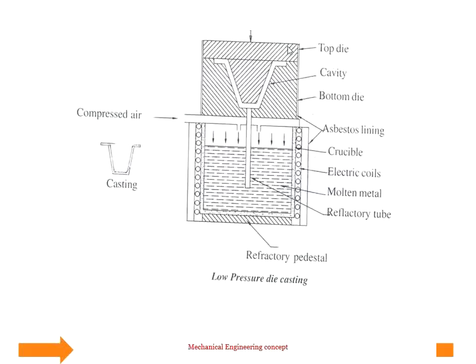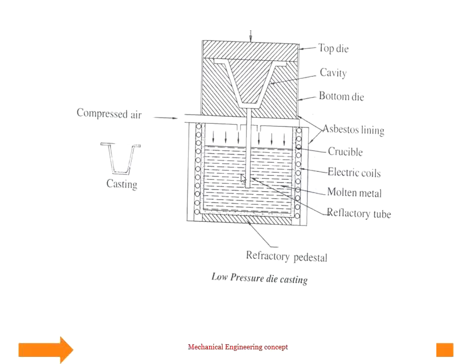You have a top die, then you have a bottom die, and there is a cavity, and at the bottom you have molten metal that is constantly being heated by electrical coils.